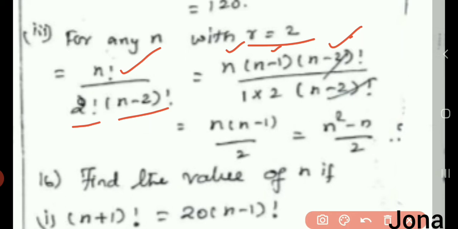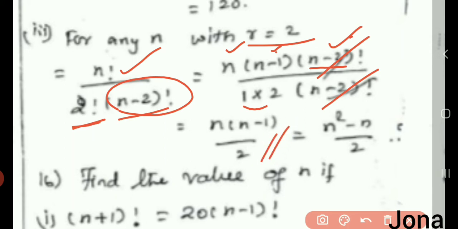That is nothing but n into (n−1) into (n−2)! divided by, for this 2! we can write 1 into 2, and for this (n−2)! keep as it is there. So then we have to cancel these and these here. So the remaining things are n into (n−1) by 2. So that is equal to (n² − n) divided by 2 here.